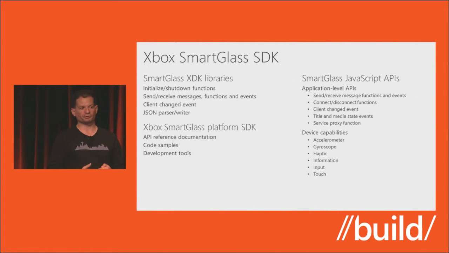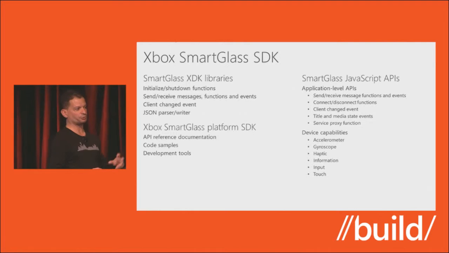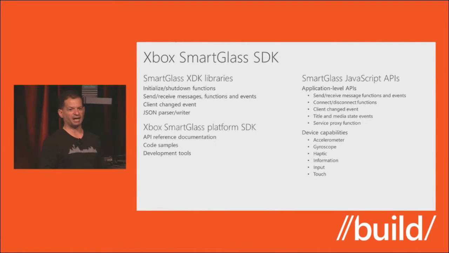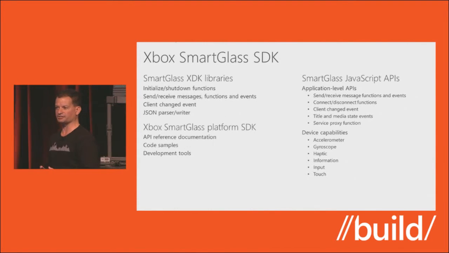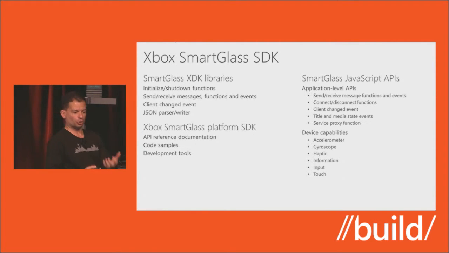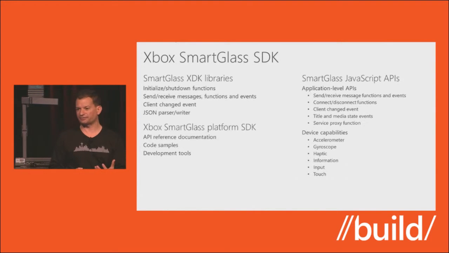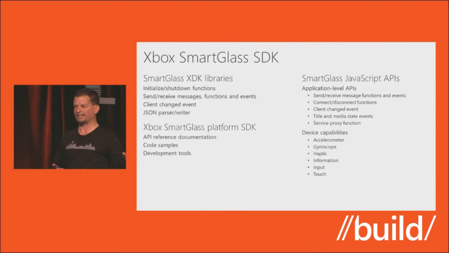So what we've done with the SmartGlass SDK is built a platform-independent way for you to call one JavaScript API, and depending on the device that you're running on, we will hook that underlying sensor, like an accelerometer, grab that data, and then expose that data up through our JavaScript interface, so then you can act on it appropriately. And you actually have a choice of whether you want to act on that information locally on your SmartGlass device, or whether it makes more sense to send that information directly to the console.